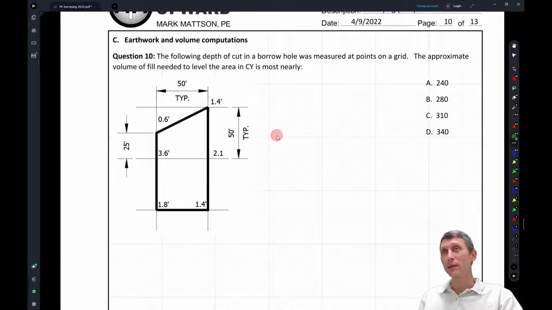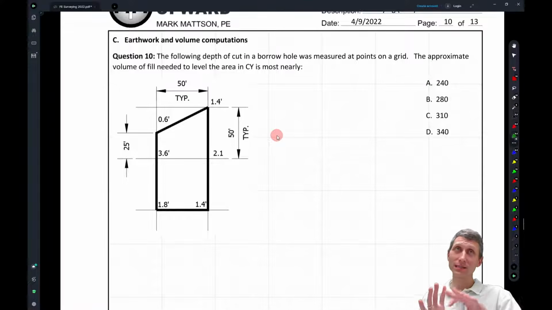So what this is, maybe we have a pit that's 50 feet wide. It has some dimensions here. But we just went around with a level, took some shots, got some rough ideas of how deep this is in different spots and how much fill we might need to fill this, right? This is a borrow hole that we dug out of, and we need to fill it back in.